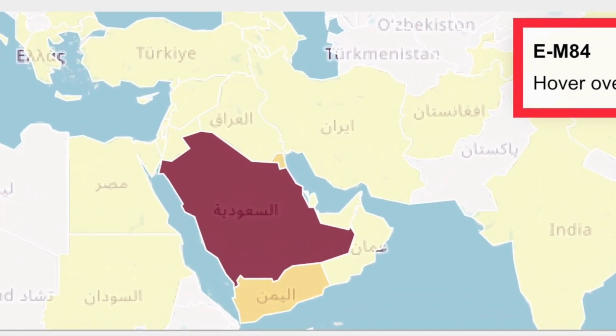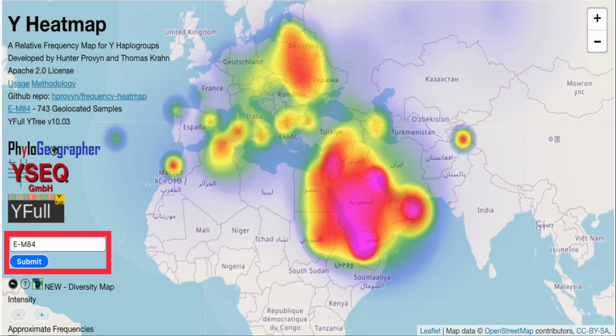the Mediterranean. Also, if you type in Y heat map E-M84, you'll see again high distribution of this subclade within Israel, the Arabian Peninsula, Kuwait, Oman, Yemen, and even parts of Eastern Africa, but also throughout the Mediterranean world as well.